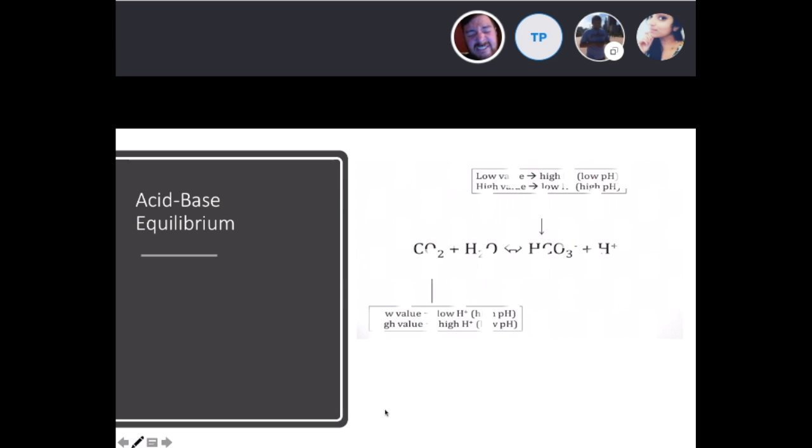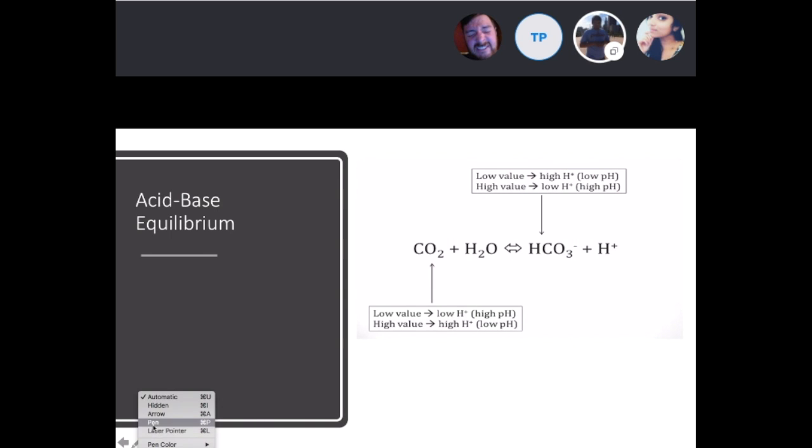So when the bicarb level is low, what's going to happen? Everything is going to try to shift this way. So when this is low, it's going to cause a high H plus concentration because everything's going this way.